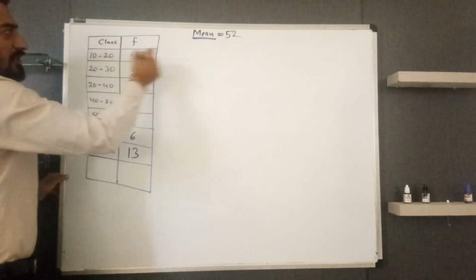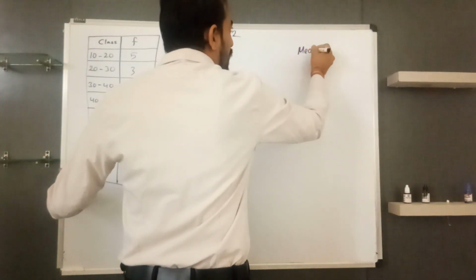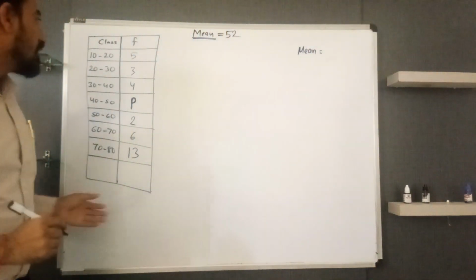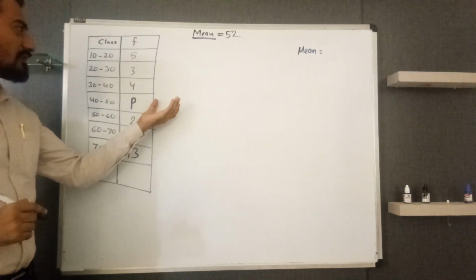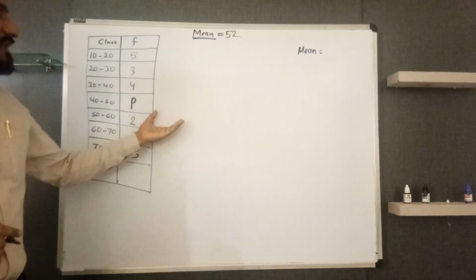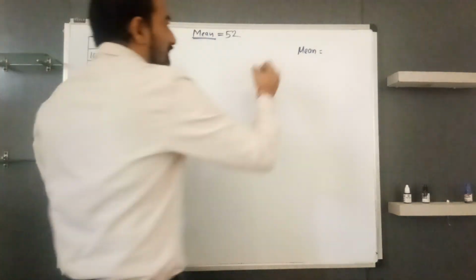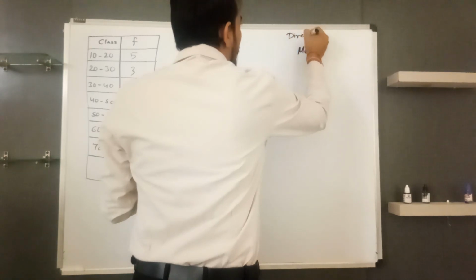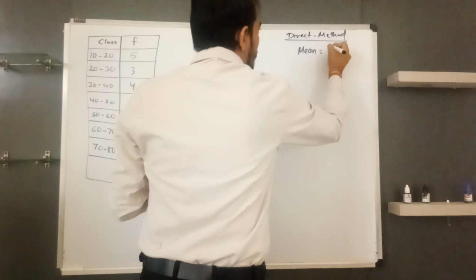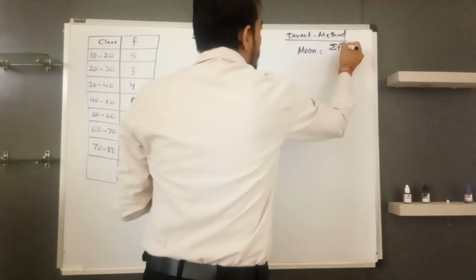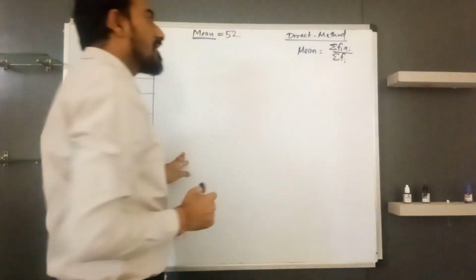In this you must know the formula to find mean. If you know the formula, you will come to know which columns are required. The next columns are based on the formula we are following. So in direct method, the formula to find mean is sigma fx by sigma f.